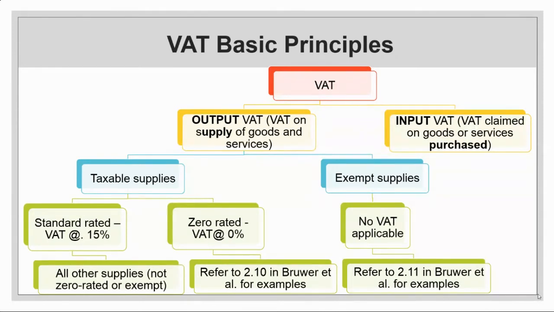You have any exports and then any transport on land and sea, but not by air. So if you fly with an airplane, that would be standard rated. So you first go look, is it exempt? Is it zero rated? If it doesn't fall into those two categories, it automatically falls into the standard rated category. Okay, so that is generally how we approach it.